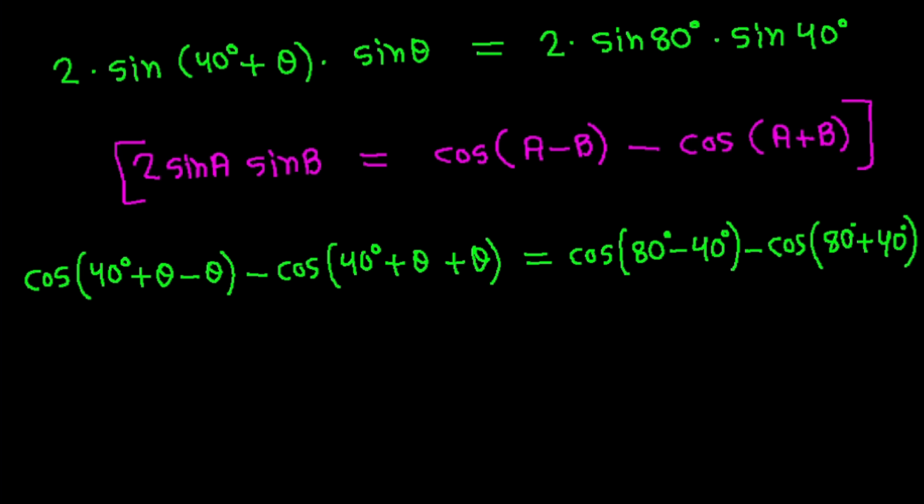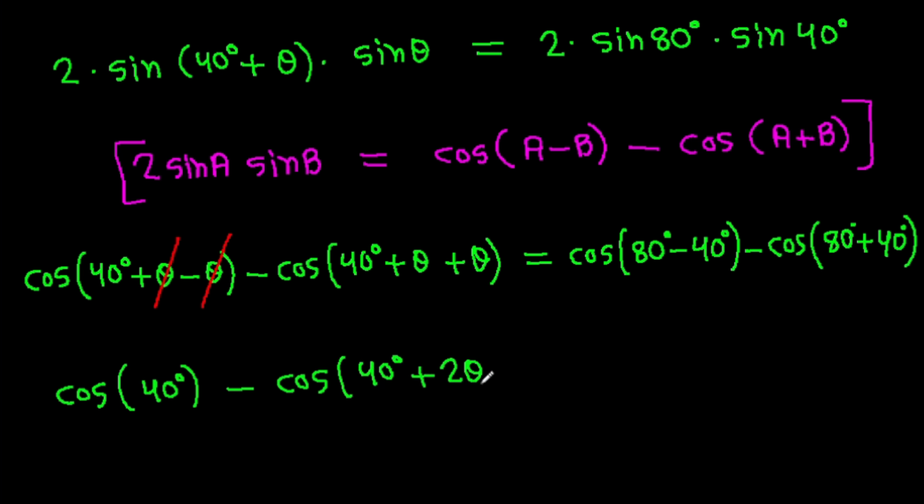And theta will get cancelled. So it is cos 40 degrees minus cos 40 degrees plus 2 theta is equal to cos 40 degrees minus cos 120 degrees.